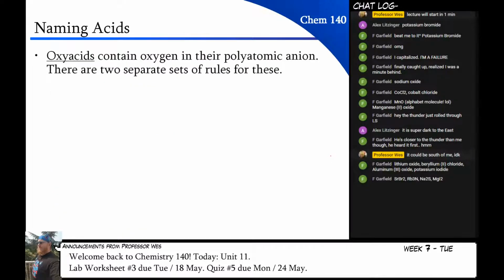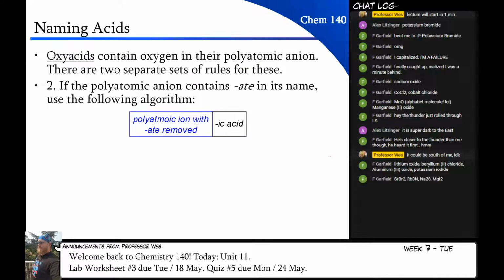All right, let's look at the other rules. These are for acids that contain oxygen generally. You'll notice that there are lots of polyatomic ions on your list that have oxygen in them, and they can all form oxyacids. So here are the rules for those. If your anion ends in -ate, you use this rule.